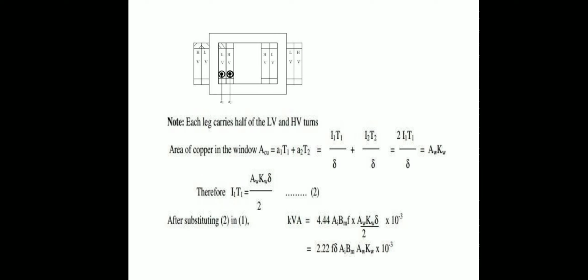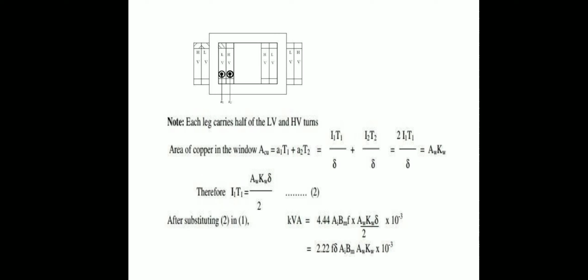Now, area of copper in the window, that is AW, is equal to A1 T1 plus A2 T2. What is A1? We have seen this. See in the diagram. And T1 is your turns ratio.